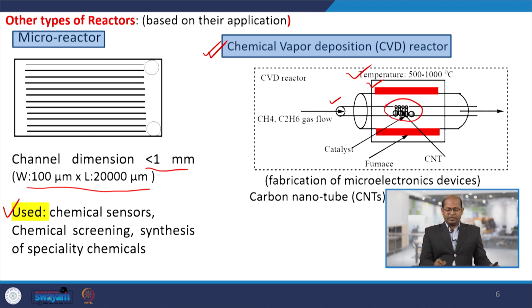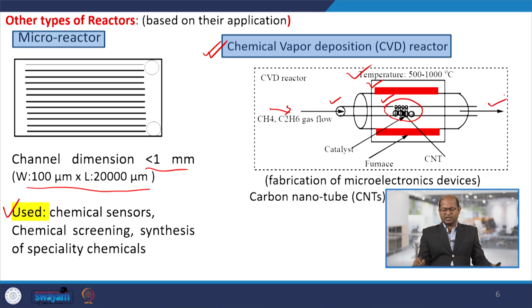Reactants, which may be methane, ethane, propane, cyclohexane, ethanol, any kind of reactants that we need to deposit over the surface of the catalyst, we pass with the carrier gas. In the presence of catalyst reactions take place, and then the deposited coke or carbon nanotubes, multi wall, single wall, or double wall, whichever it may be, is deposited over the surface of the catalyst or formed inside the reactor, and after that the other gases come out. In that way we can prepare nanomaterials using this type of reactor.